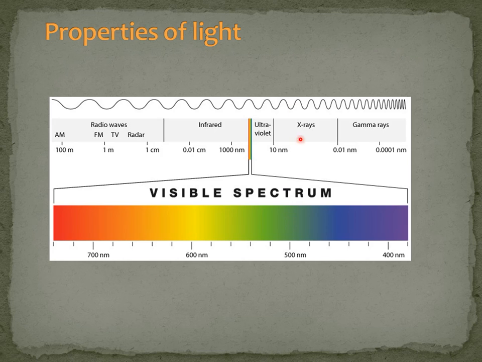That means that shorter wavelength rays, we actually cannot see them, and longer wavelength rays, we don't see either. They can be detected with the proper apparatus, but our detector, the retina, is only sensitive to waves with these wavelengths.